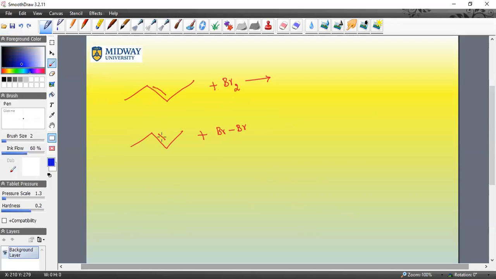So what happens? The bond is used as a bridge to connect this carbon right here to the Br, and any one of the pairs of electrons will do. It doesn't have to be this one or that one.